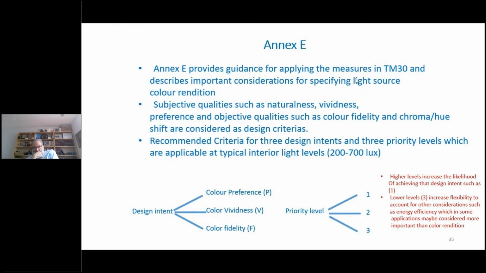These are recommended criteria for 3 design intents and 3 priority levels. And they're applicable in interior light levels of 200 to 700 lux. So you have color preference, color vividness, and color fidelity. These are the 3 possible design intents, and they have priority levels 1, 2, and 3.